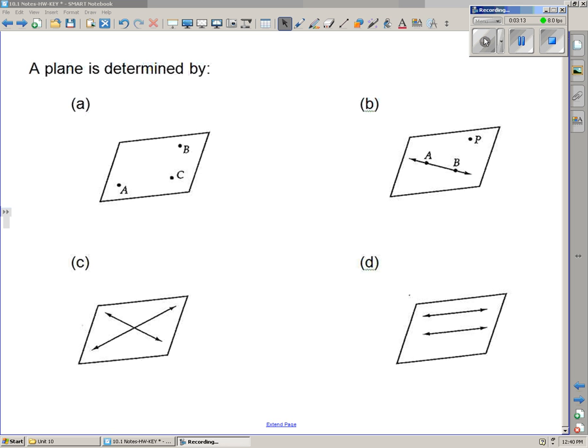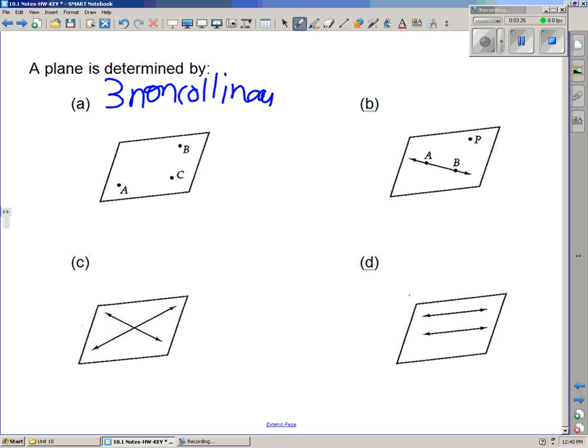So a plane is determined in 4 different ways. One way for sure that you can get a plane is if you have 3 points that are non-collinear. So if there's ever 3 non-collinear points, you can always get a plane around them. If you have a line and a point that's not on the line, you can also always get a plane around that.